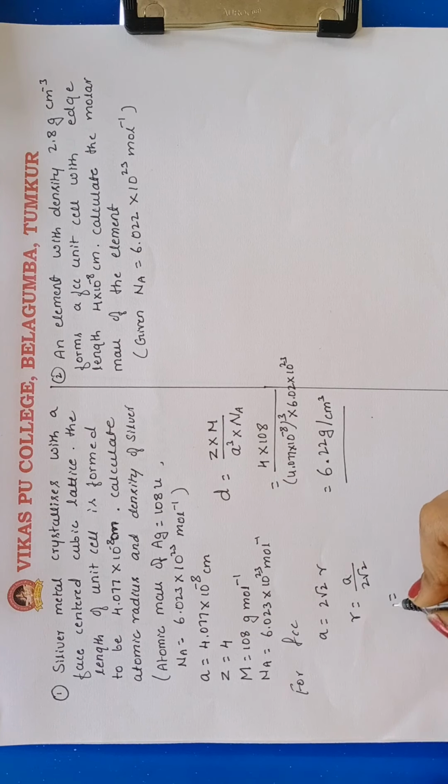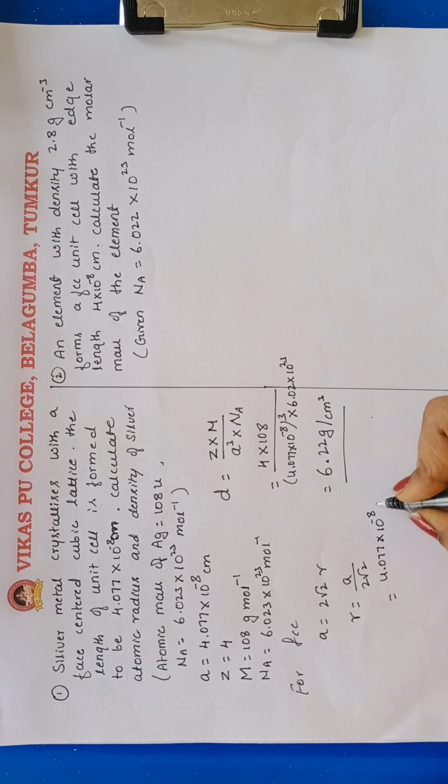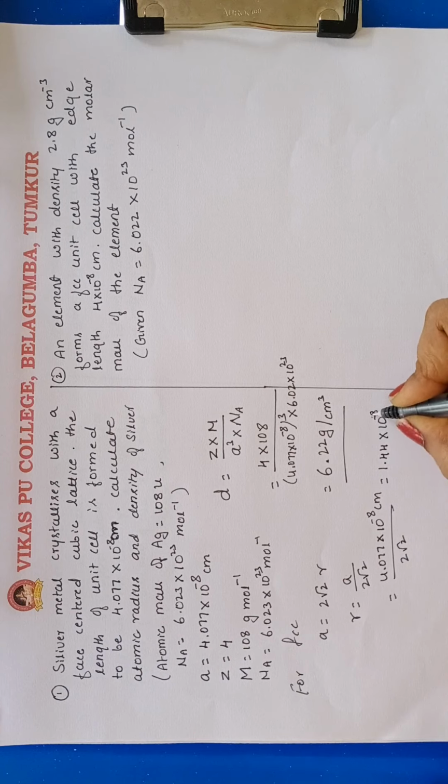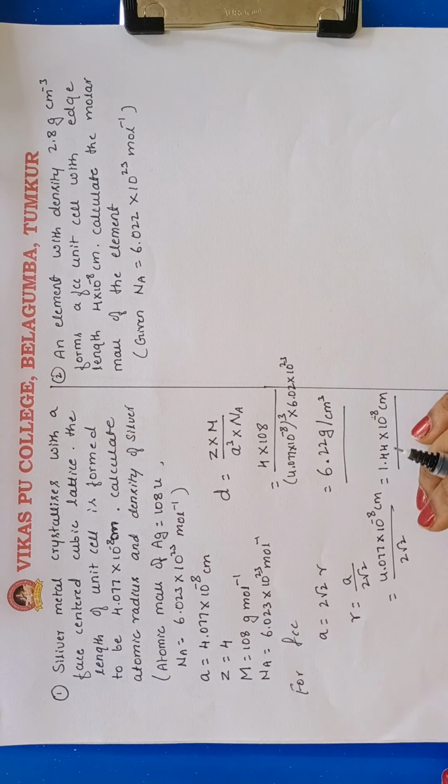A is given as 4.077 × 10^-8 cm, divided by 2√2. On simplification we get 1.44 × 10^-8 cm. This is the radius. This is how to solve the problem regarding the density of the unit cell.